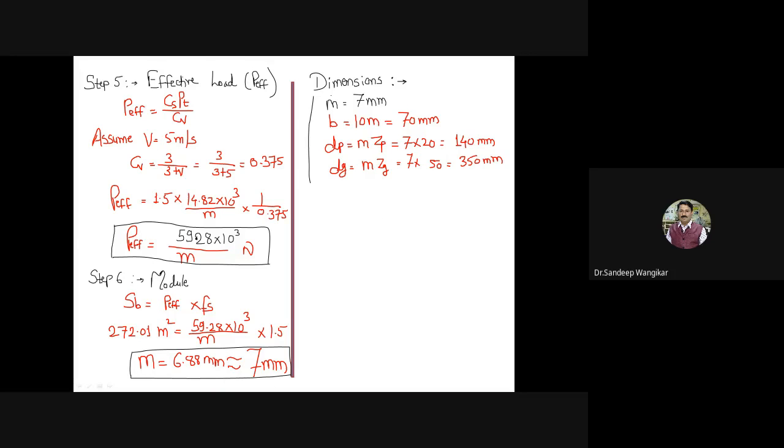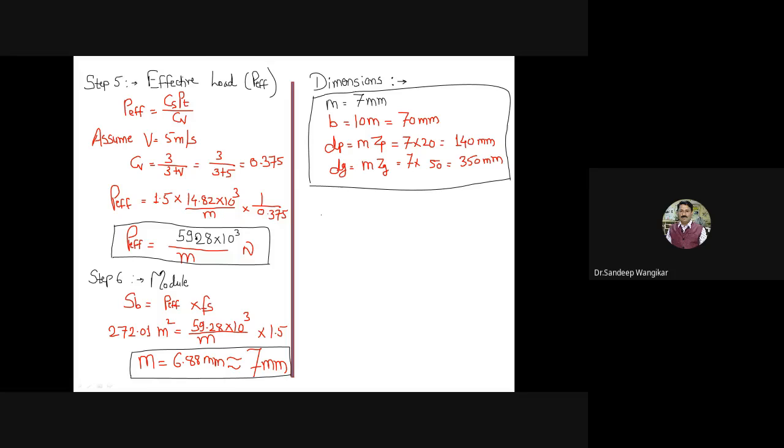Now we will proceed for the numerical check for design, what we have calculated.